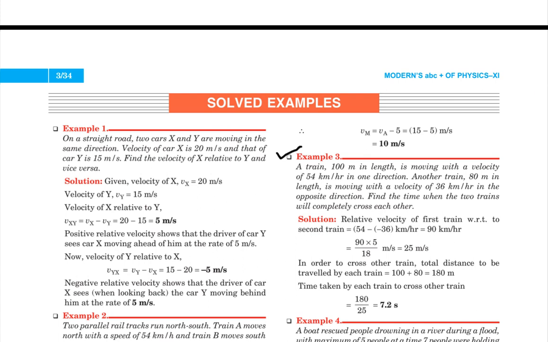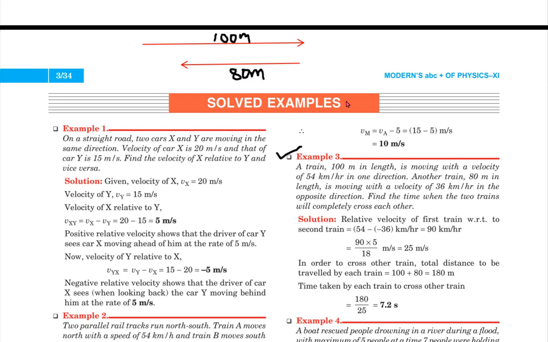That means this train has 100 meter length and this train has 80 meter length.